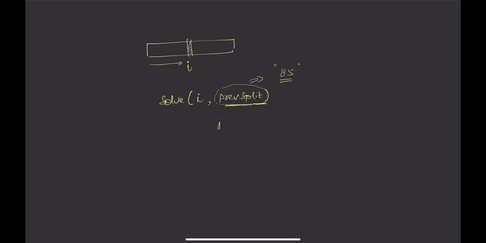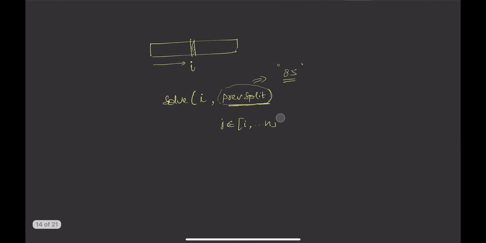So I can take j from i till n, at least 2 from j. So I will run a loop from i to n. That means the new split is in i to j.